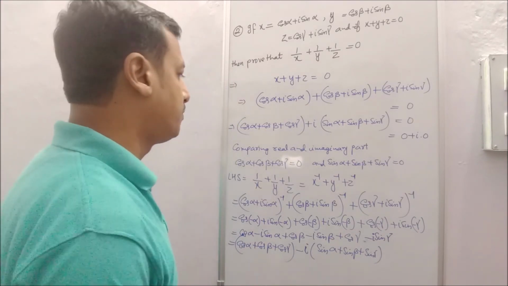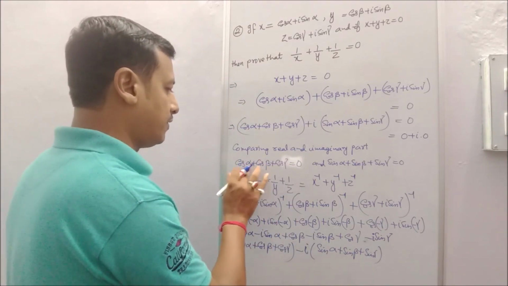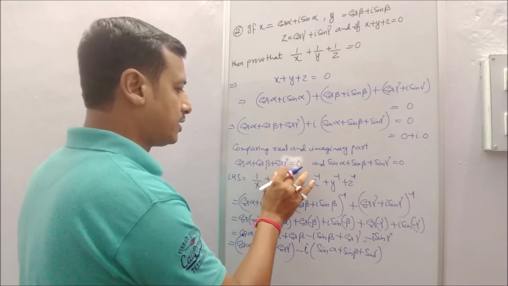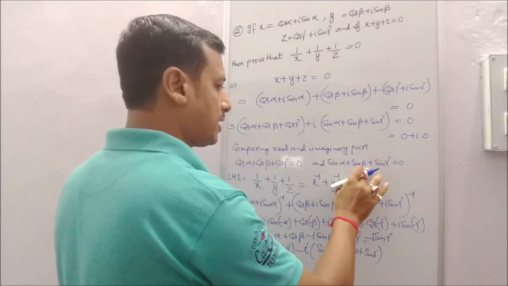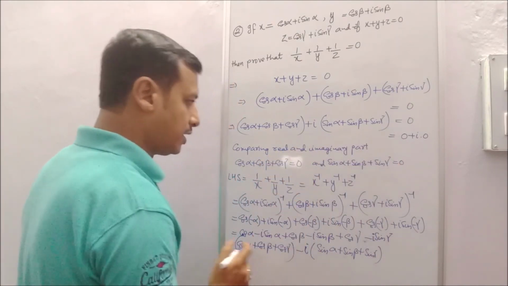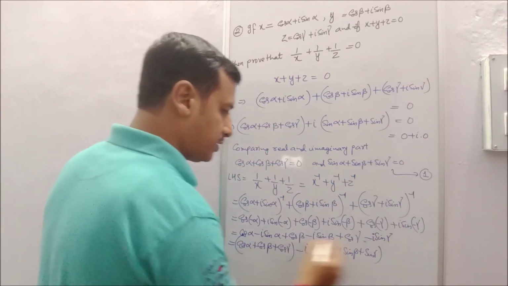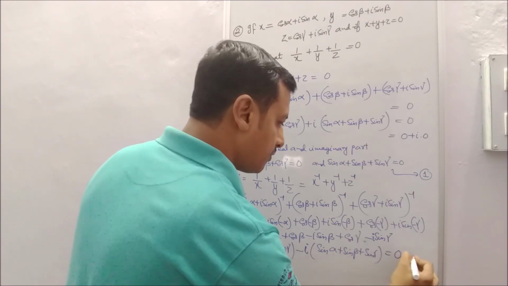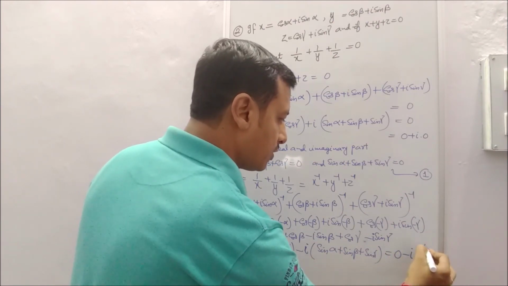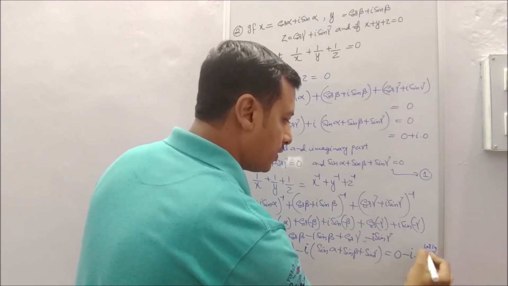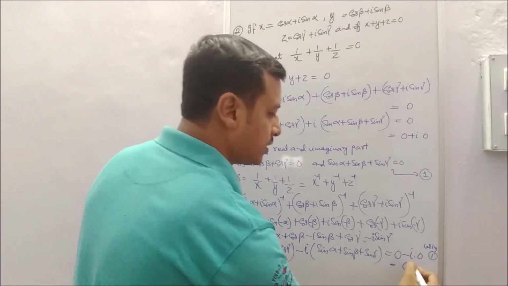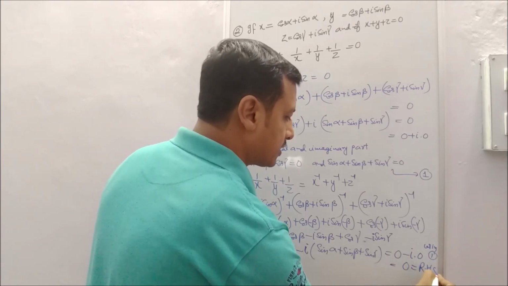Now we have already proved that cos alpha plus cos beta plus cos gamma is equal to 0, and sin alpha plus sin beta plus sin gamma is equal to 0. If we take it as equation 1, so it is 0 and minus I times 0 using 1, so it is 0, which is equal to RHS.